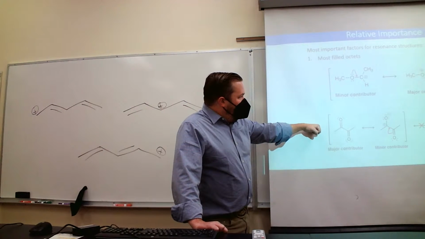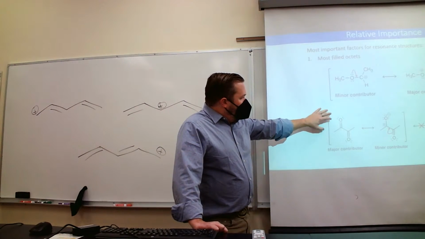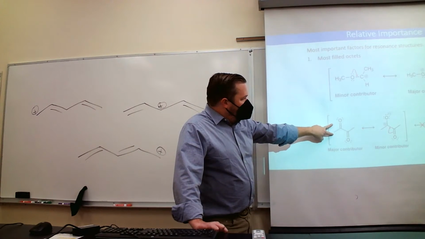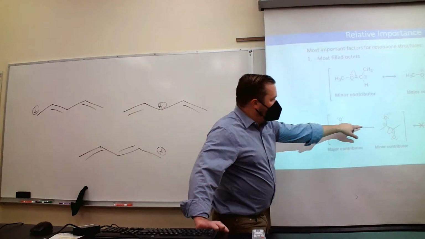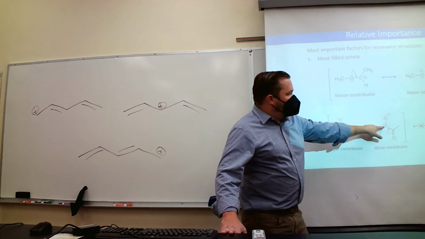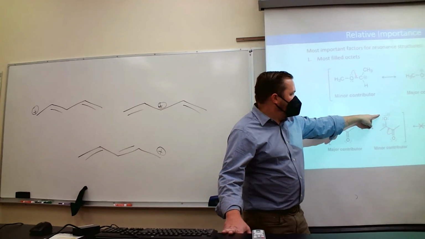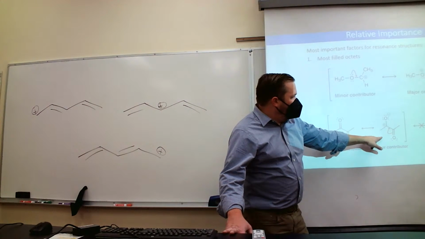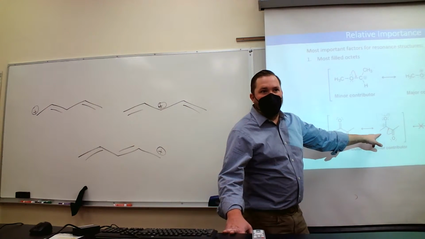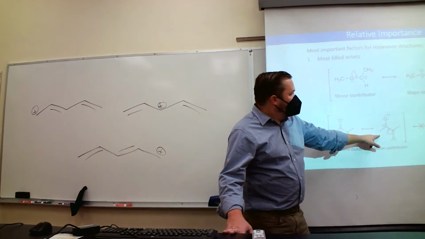If we have a case where we've got a resonance structure where everything has a complete octet, and a resonance structure where you break up an octet in order to give the oxygen the negative, this one's going to be a lot less significant. You're not going to have as much of this.